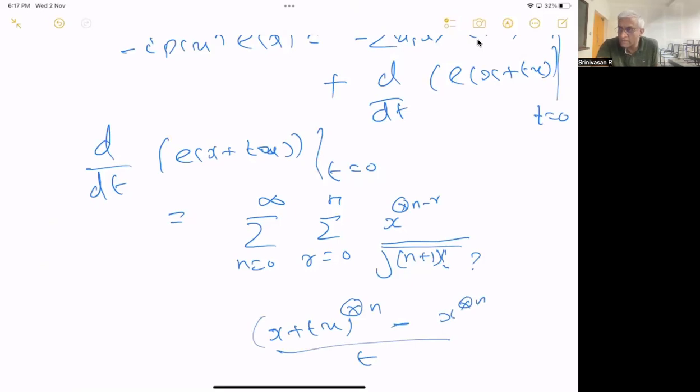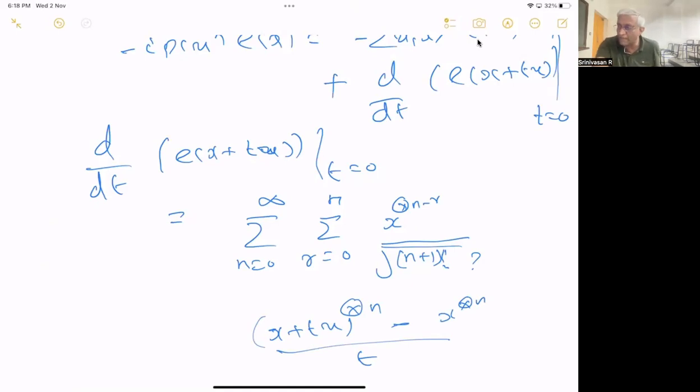So when you do this, the x tensor n will go away, and the terms with t will occur. Higher powers of t will go to 0 when you take the limit anyway. If you take t square, t cube, and differentiate, you still get a t factor, so they will all go to 0. Only the first linear term will matter. So you will have a tu, and when you differentiate it, you get u.